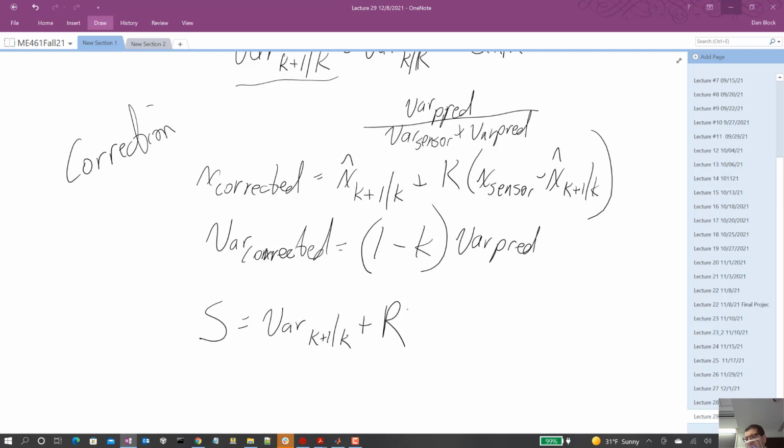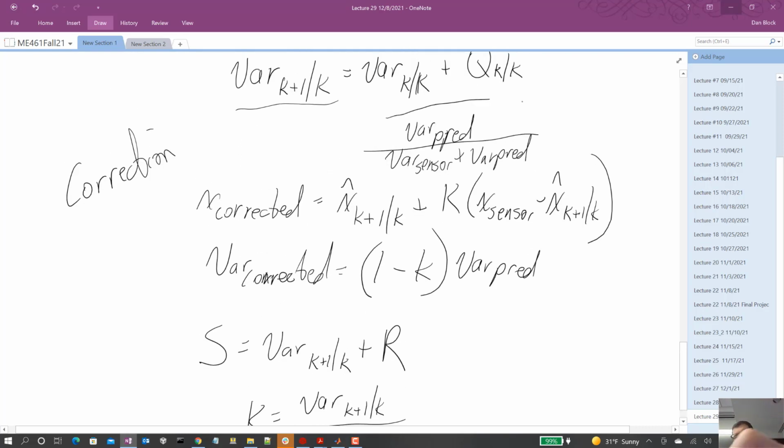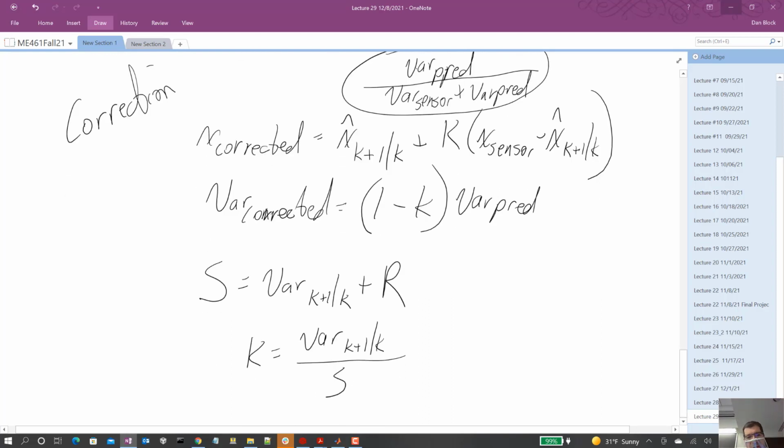Okay, so we set that, and then we say that K is equal to the variance K plus 1 given K over S. Okay, and so that's this right here. Do you see that? That's our K, variance of prediction divided by variance of prediction plus R, or 1 over the trust in the sensor.